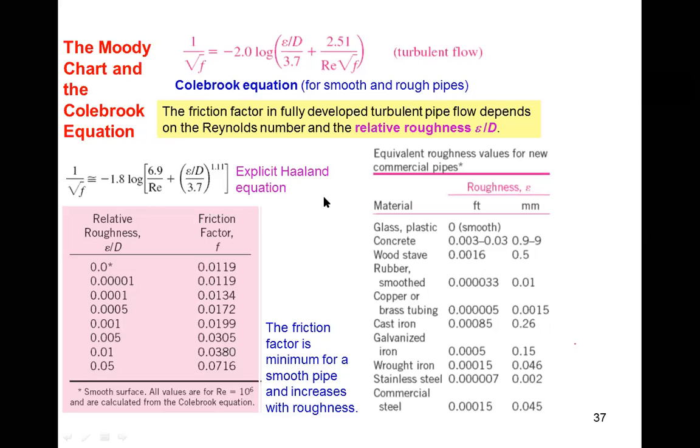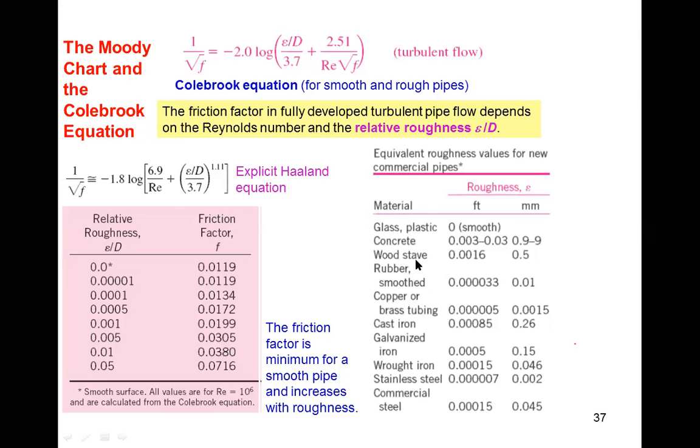Fine. So these are the materials, and these are their corresponding roughness values, which is your epsilon value here. Glass or plastic is being considered as a smooth material. For that, the roughness is considered as 0.